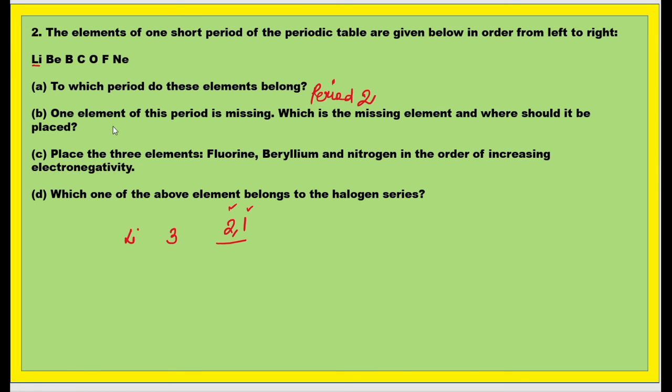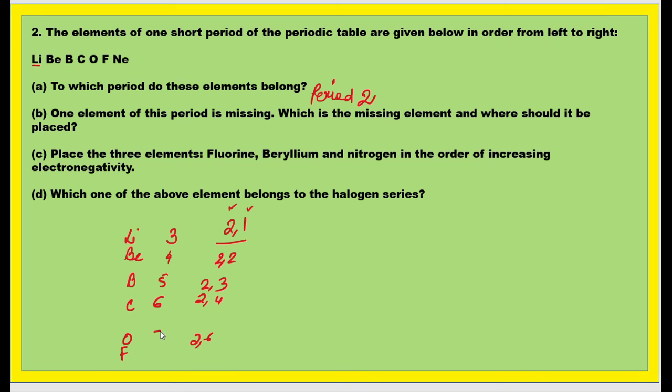One element of this period is missing. Which element is missing and where should it be placed? You need to see that in the given period, one of your elements is missing, and you need to justify the position where it should be placed. Simple. Just write down the electronic configuration of each of the elements. 4, 5, 6, 2, 2, 2, 3, 2, 4, 2, 6.